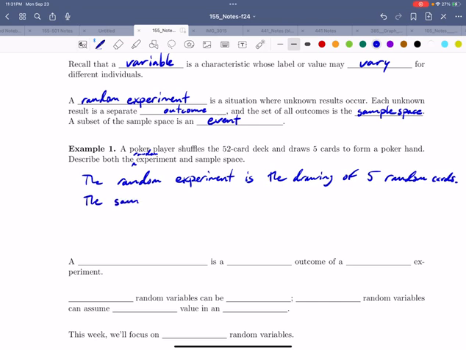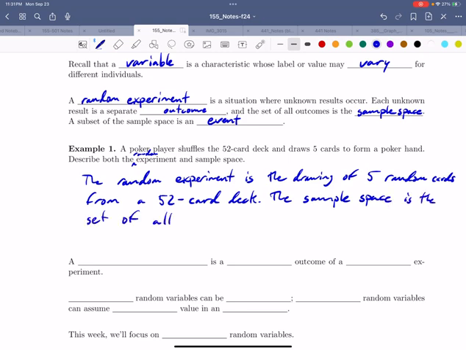The sample space, and maybe I should say 5 random cards from a 52 card deck, if we want to be precise, right? We should add that. The sample space is the set of all 5 card collections.